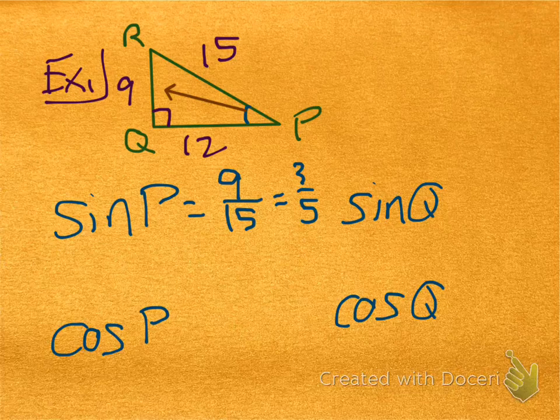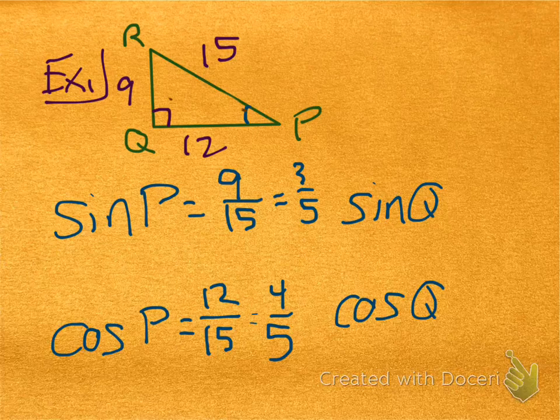Now cosine of P, cosine again means the adjacent, so CAH, the adjacent side length, which is 12, over the hypotenuse, which is 15, which simplifies to 4 over 5.